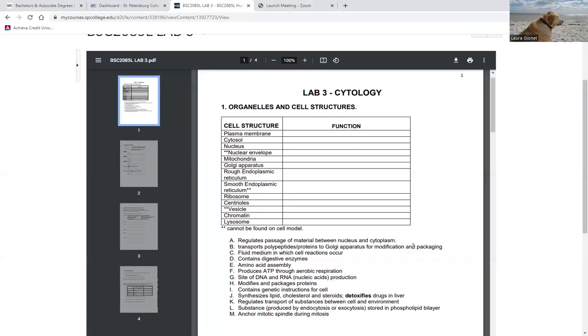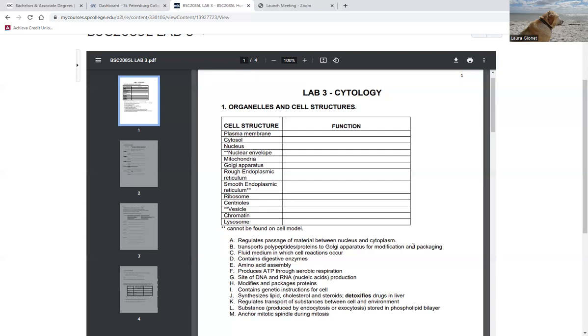G, site of DNA and RNA production. That would be the nucleus. And maybe where we store genetic material is technically in the DNA, but it's located in the nucleus. H, modifies and packages proteins. That would be the Golgi apparatus.